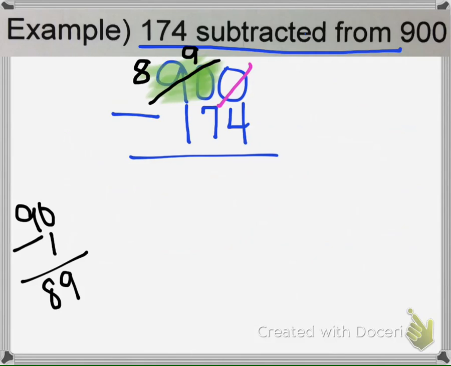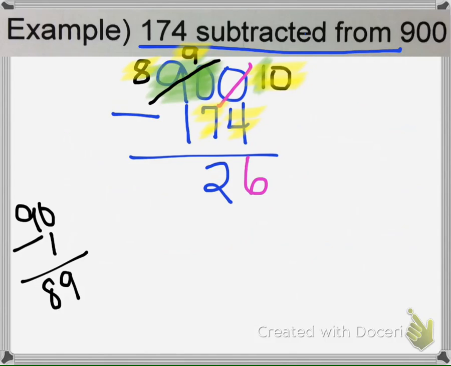So the 9 is going to change to an 8, and the 0 we're going to change to a 9. And when we do that, we're going to borrow and now we make that 10. So we're going to get this 1 right here from the 90 to the left of the 0. So now we're ready to subtract. We have 10 take away 4, which is 6. And then we have 9 take away 7, which is 2.